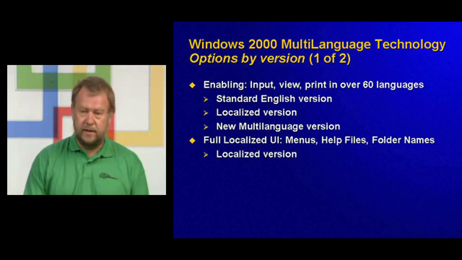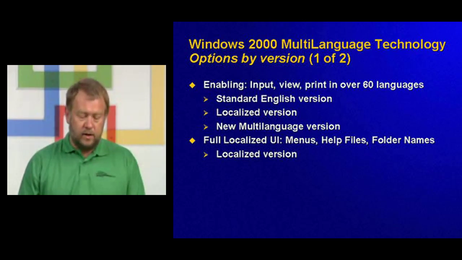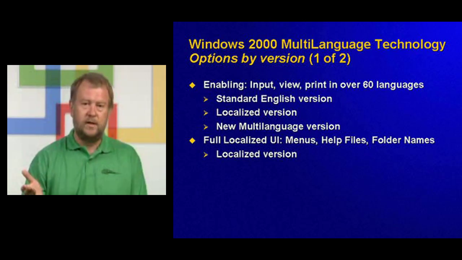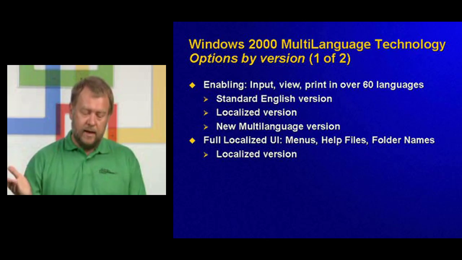The enabling, again, is because of the single binary approach we've taken in Windows 2000. The localized version gives you, of course, enabling for the target language itself. Like, for example, if you're talking about the Korean version of Windows 2000, it's obviously enabled for Korean, but it's also enabled for every other language. And it's also fully localized to the Korean language in that case. All right?